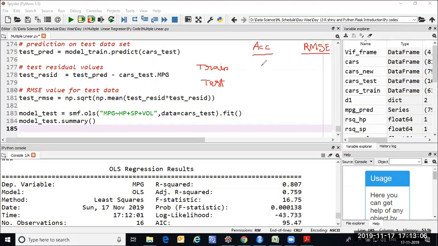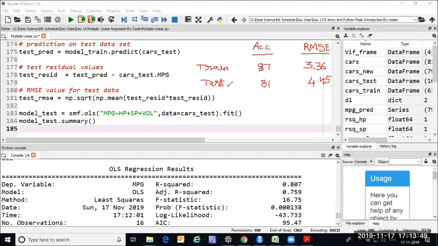What is the training accuracy we got? 87, right? And the test accuracy? 80.7 or 81. Training RMSE value? 3.36. Error for test? 4.45 or something. Right? Do you think the model is reasonably performing even on the test data which is not used for training the model? Almost okay, close by.